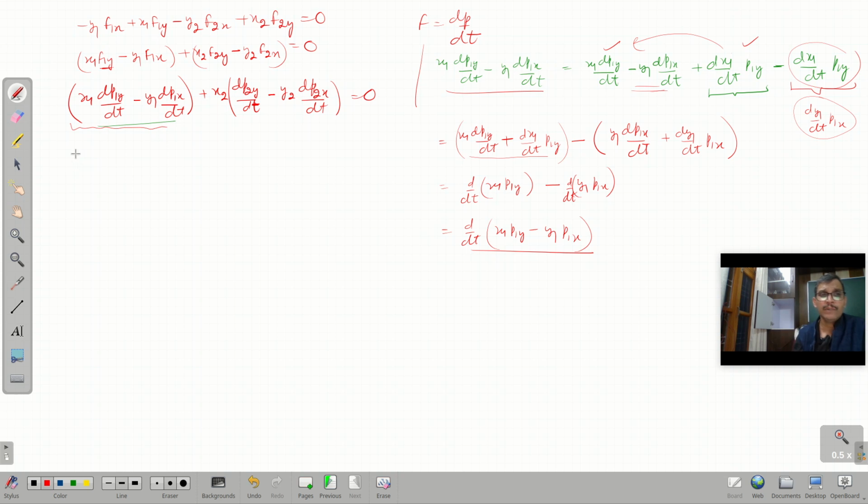So I can write it as d upon dt of x1 p1y minus y1 p1x. And similarly, I can write this other part as d upon dt of x2 p2y minus y2 p2x, and this is equal to 0.